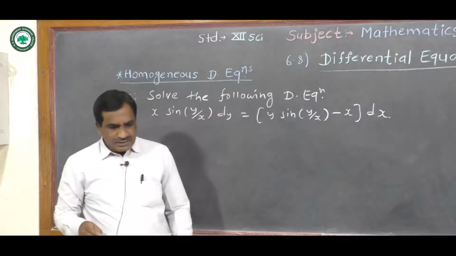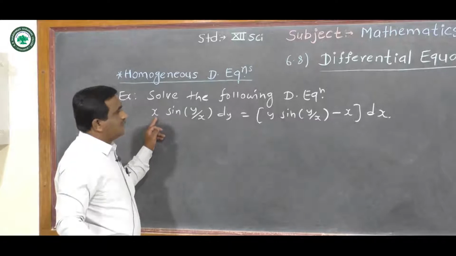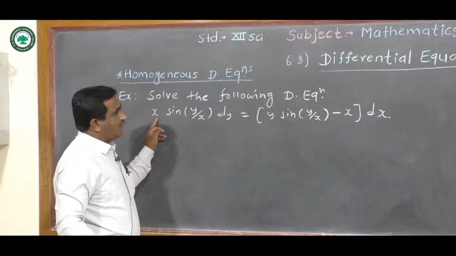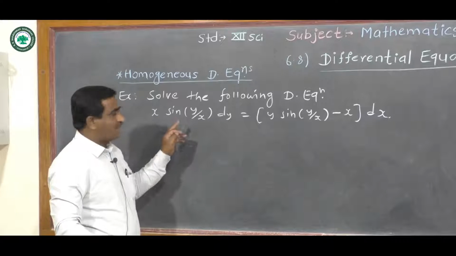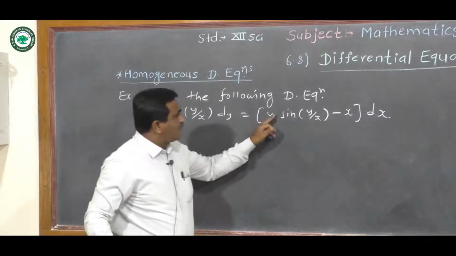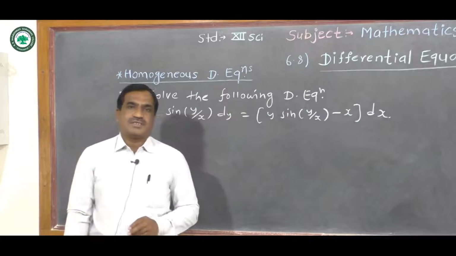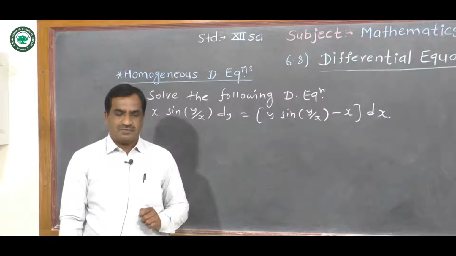Now this is the given homogeneous differential equation. In each term, the sum of the indices of variables x and y is the same. Here x raised to 1, here also y raised to 1, and here x raised to 1. This is a homogeneous differential equation of degree 1.